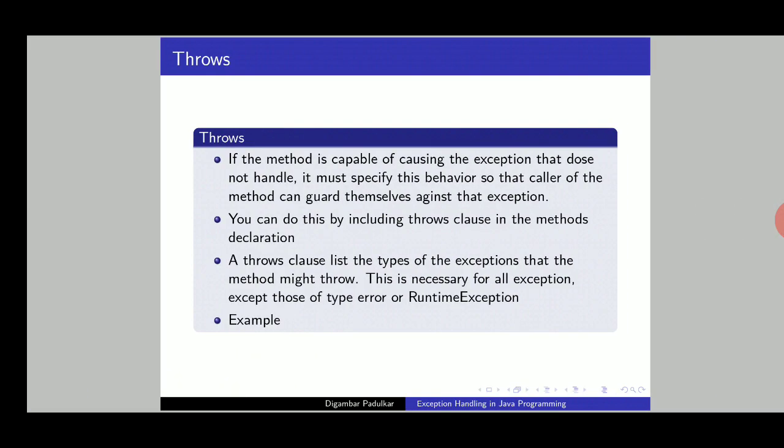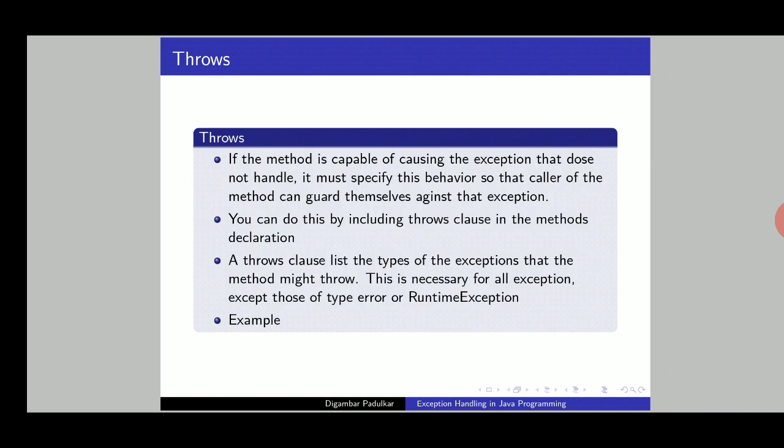Now the next keyword, after try, catch, throw, the fourth keyword is throws. Basically, throws is used if the method is capable of causing an exception. Let's look at what I am saying exactly. If the method is capable of causing an exception and is unable to handle it, it must specify this behavior so that the caller of the method can guard themselves against that exception.